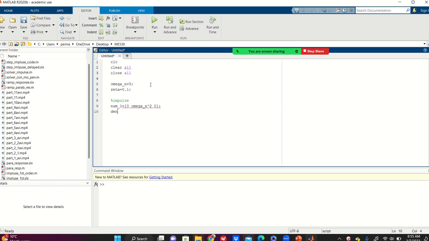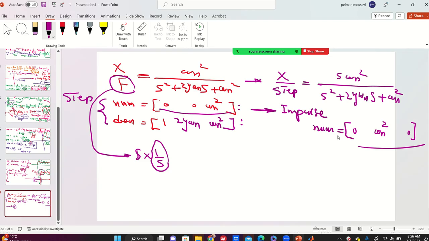And then 1, 2 zeta omega n, and omega n square. See here, guys, this is your num because you added s here, and then the denominator is the same.